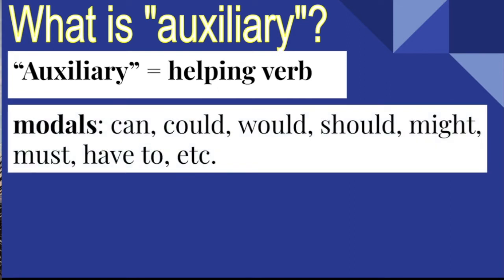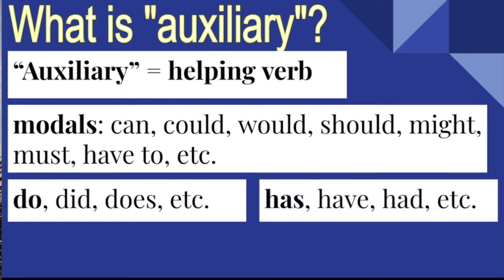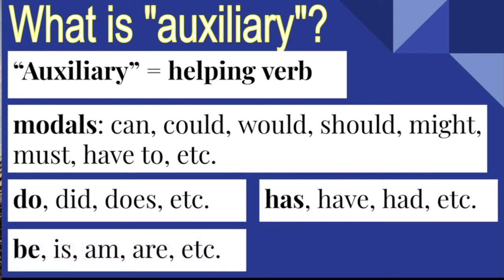Modals: can, could, would, should, might, must, have to, etc. To do: did, does, didn't, etc. To have: has, have, had, haven't, hasn't, etc. To be: is, am, are, aren't, isn't. And the past tense: was, were, weren't. And then will. Will is the helping verb that goes with the future tense.